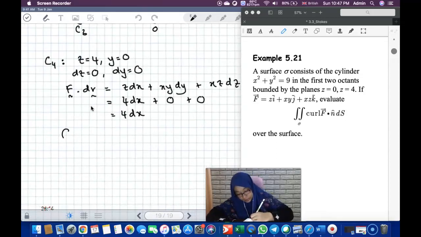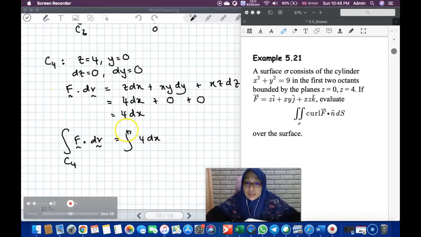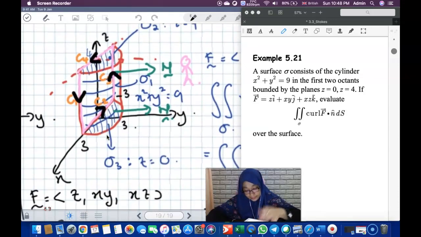Now the line integral along C4 gives 4 dx. What is the limit along C4? We have to check from the sketch.